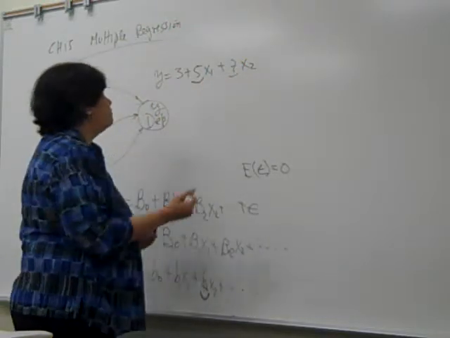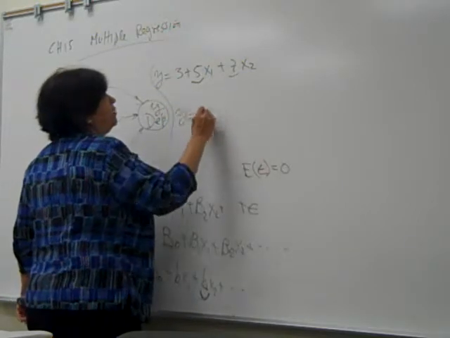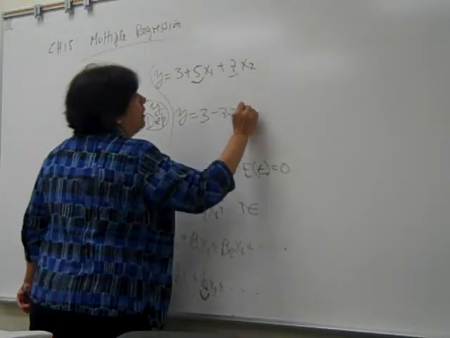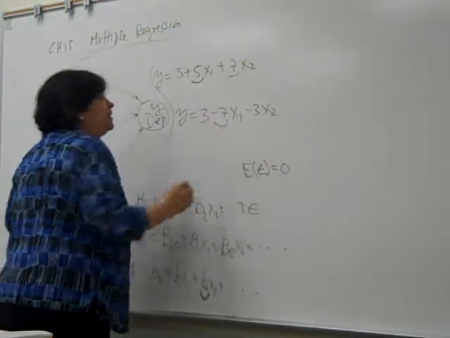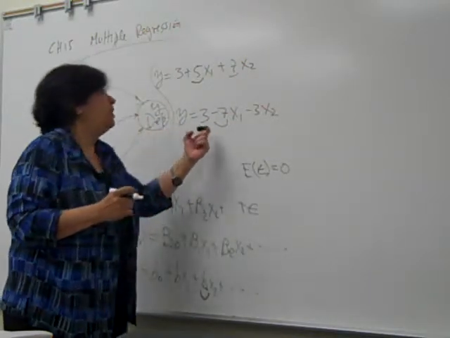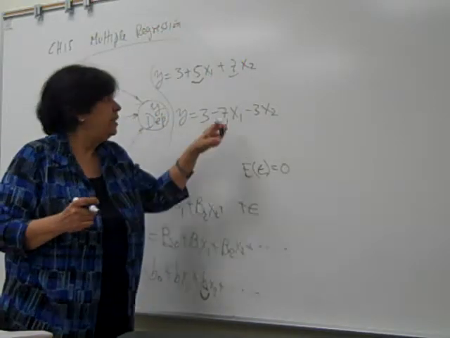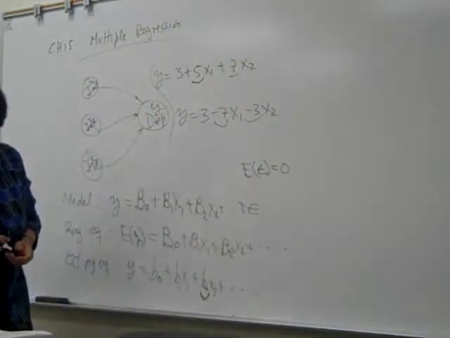And the same thing happens if you have, for example, y is equal to 3 minus 7x1 minus 3x2. Okay? This negative 7 is how much my dependent variable is going to decrease every time that I increase my x1 by 1 unit. The same thing happens with the minus 3.